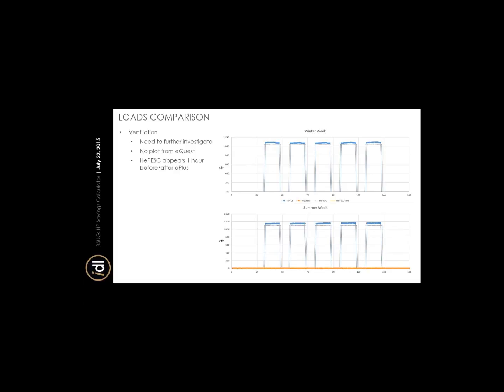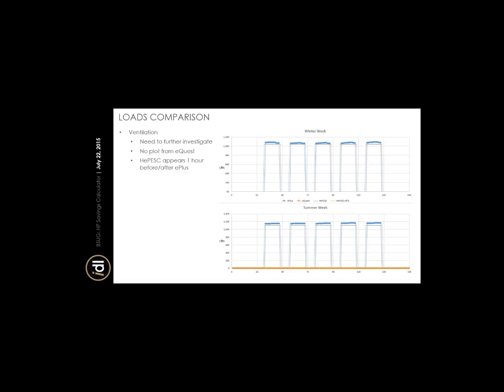Ventilation, I kind of had to go back, because when I was putting this together, I realized I hadn't included ventilation in the building load study, so I do need to look at it further. It looks pretty obvious from these two that the heat pump calculator has ventilation one hour before and after EnergyPlus turns on its ventilation, so that would be input related, but something to watch out for.